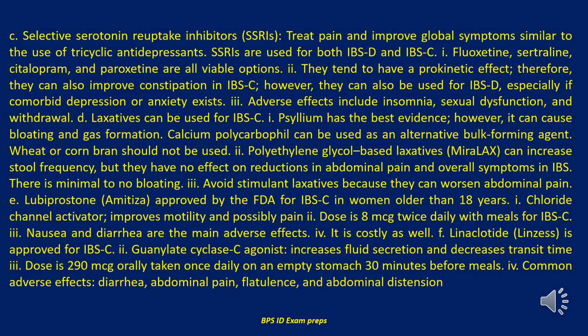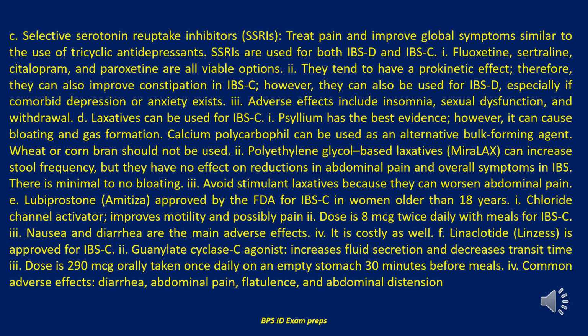Selective serotonin reuptake inhibitors, abbreviated as SSRIs, treat pain and improve global symptoms similar to tricyclic antidepressants. SSRIs are used for both IBS-D and IBS-C. 1. Fluoxetine, sertraline, citalopram, and paroxetine are all viable options. 2.